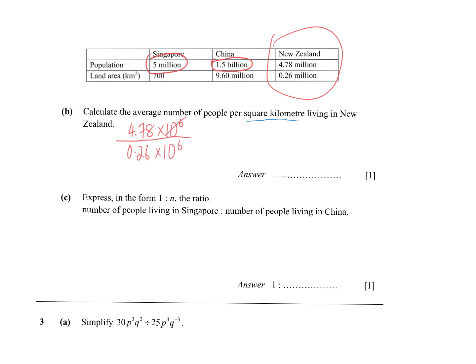So the million don't matter because it cancels off. So if you go and calculate, it's 4.78 divided by 0.26. So you will get 18.38462. So final answer, you just have to round off to 3 SF. So 18.4 people per square kilometer. So 3SF.